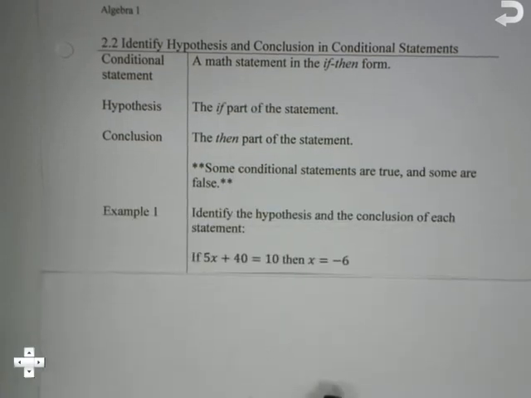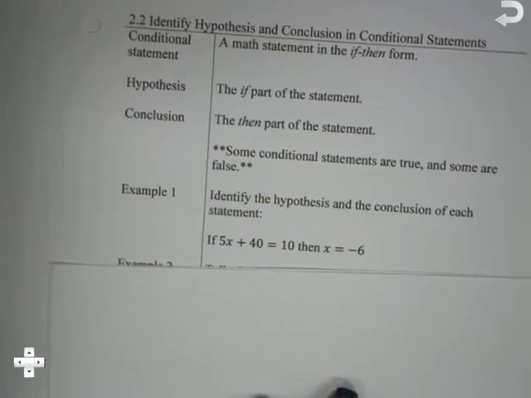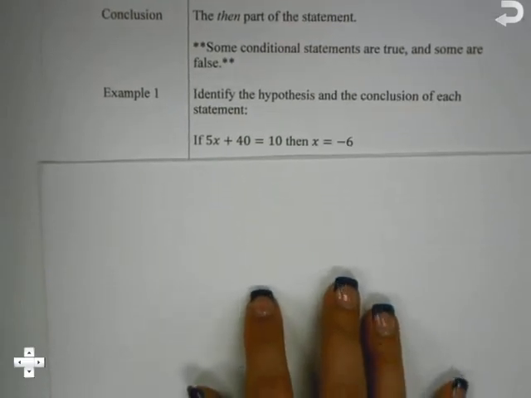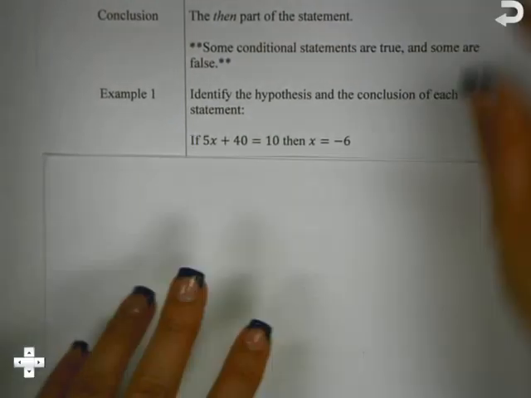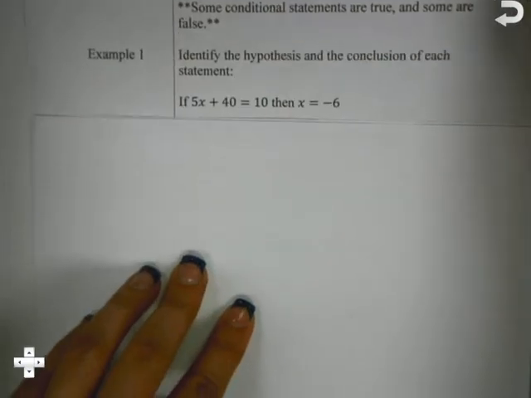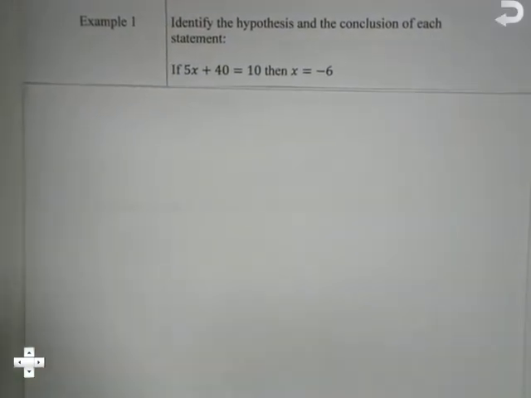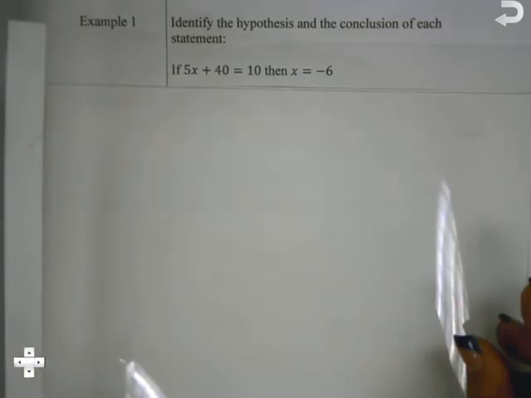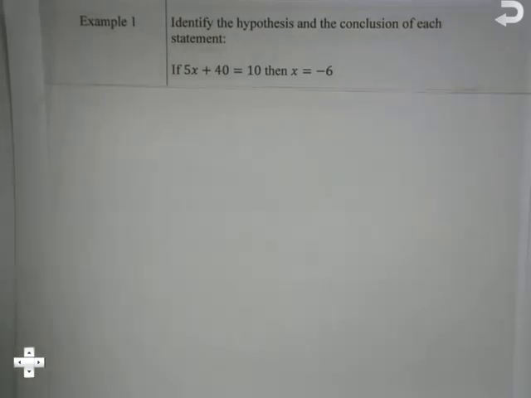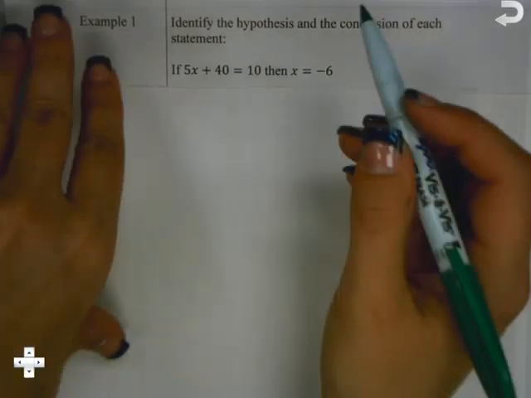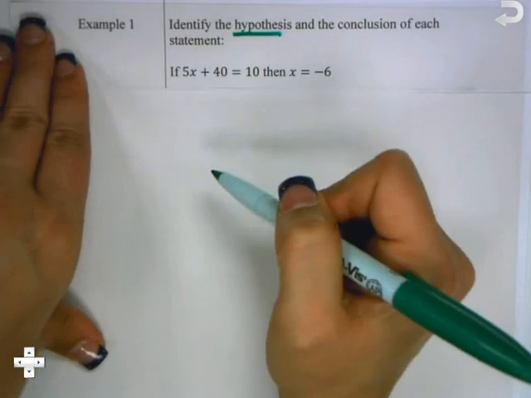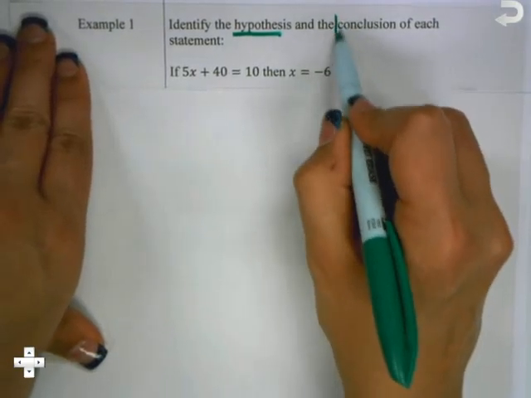So example 1, all you are going to be doing in these examples is identifying the hypothesis and the conclusion of each statement. That's all we're going to be doing. I'm going to underline the hypothesis and put a box around the conclusion.